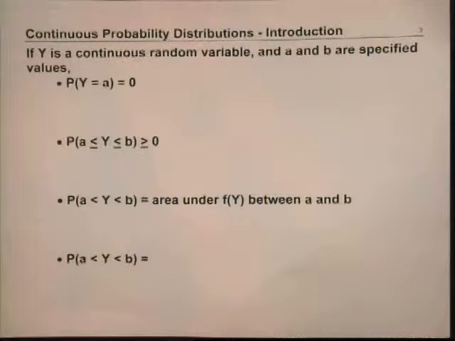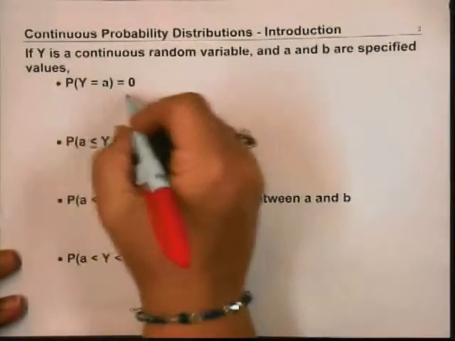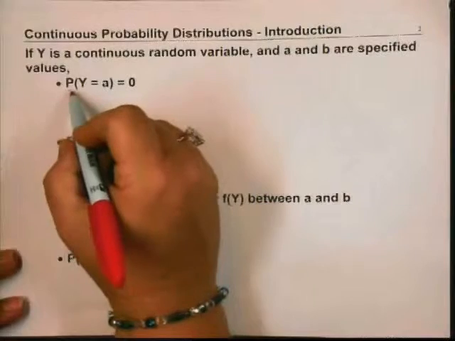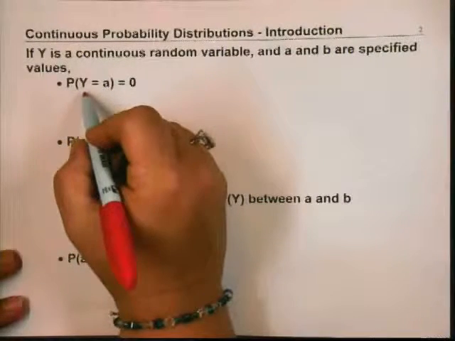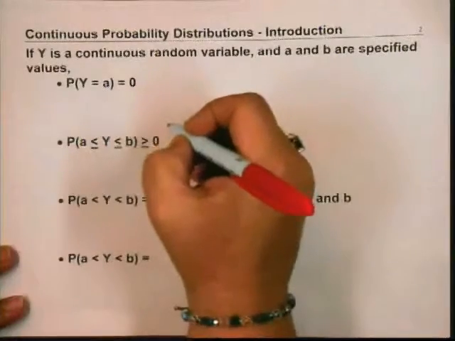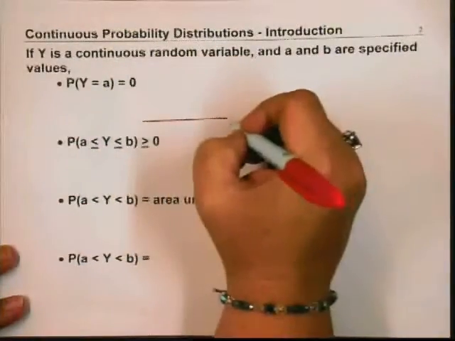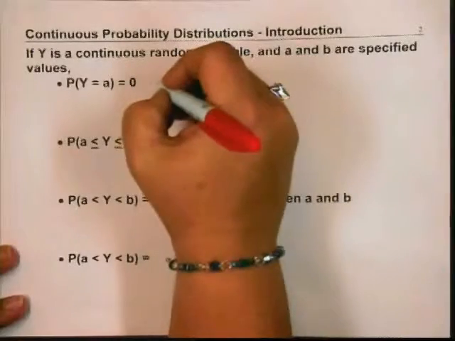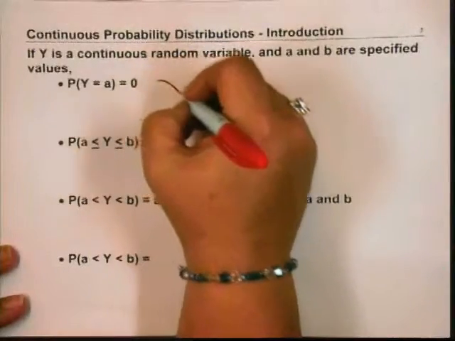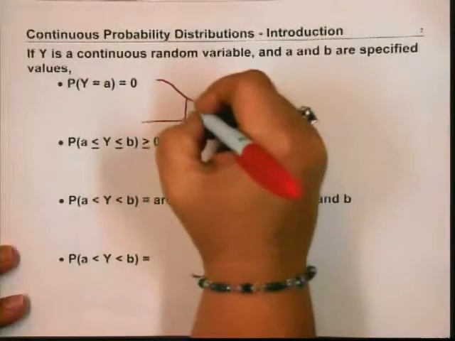Different from a discrete probability distribution, the probability of a continuous random variable y achieving a single value is equal to 0. The idea is that you have the horizontal axis, the PDF curve above it, and this value of a.